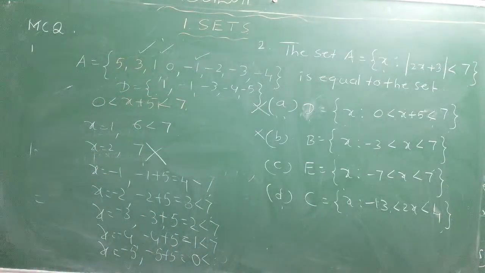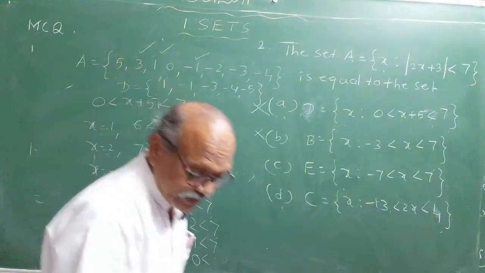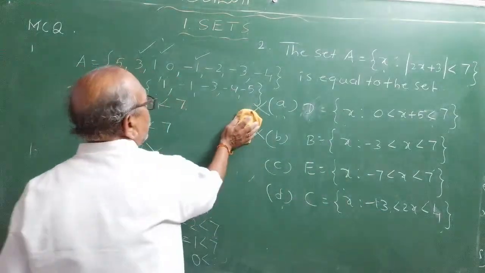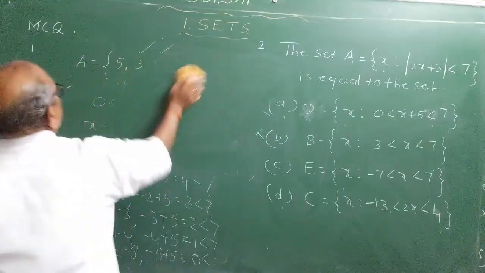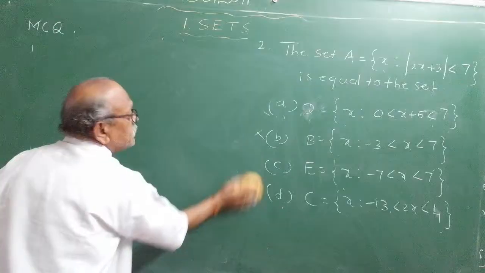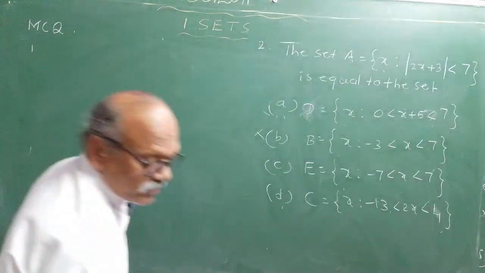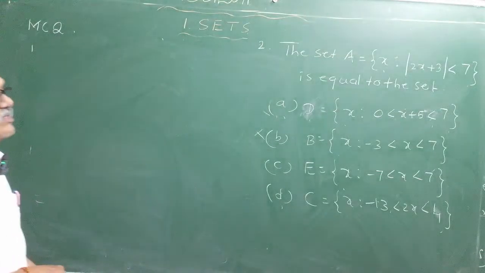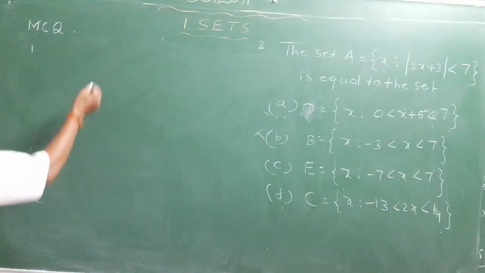First one, A is the correct answer. How can you get it? Second one, how can you get it? By putting the values, you can't do this. Now, how can you do this?